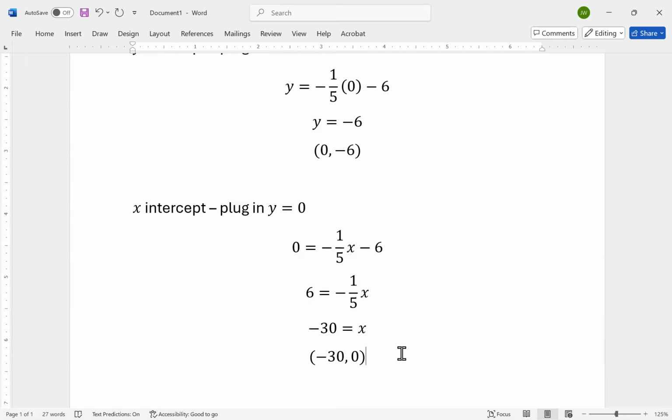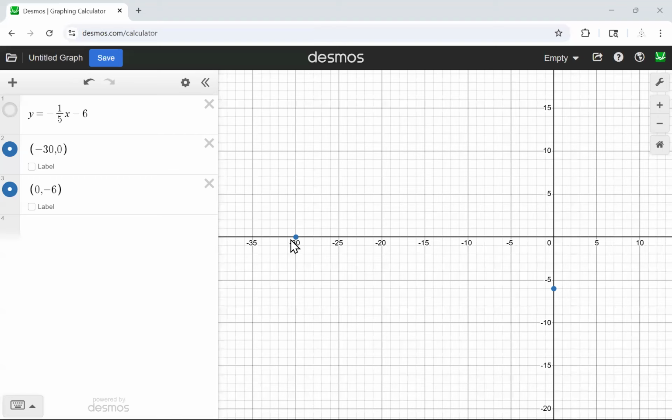Let's go ahead and do that. So I've already plotted (-30, 0) and (0, -6) on Desmos. You can see those 2 points. Therefore, if I draw a straight line connecting and extending, I would have drawn the graph of that linear equation.